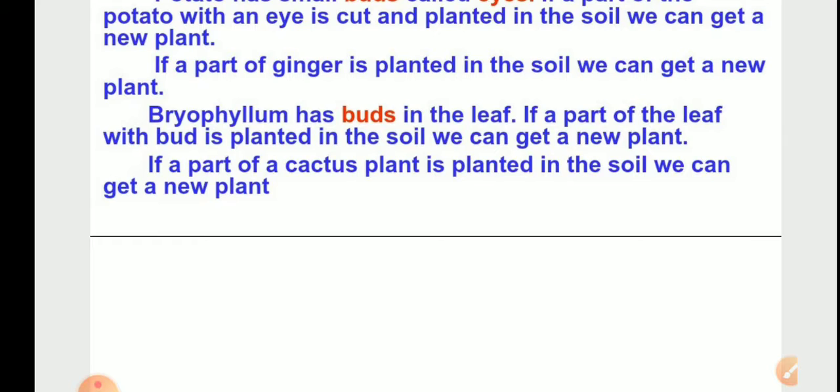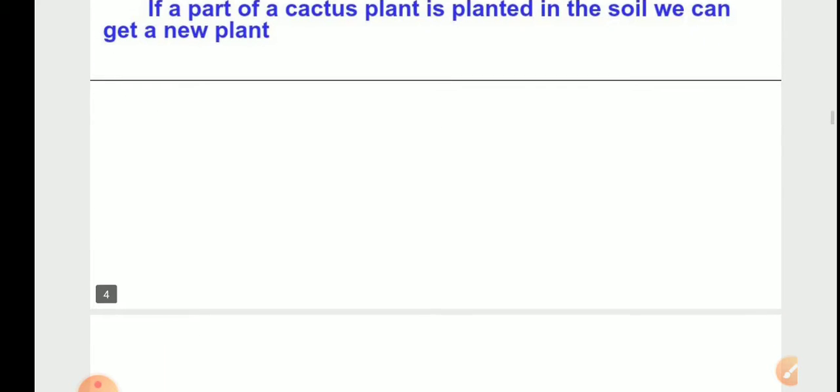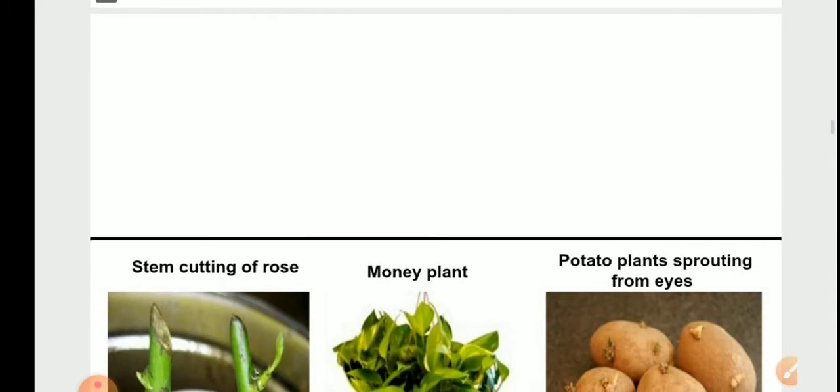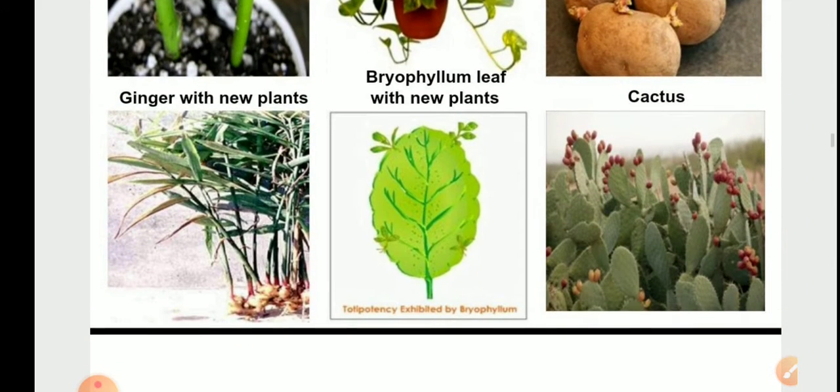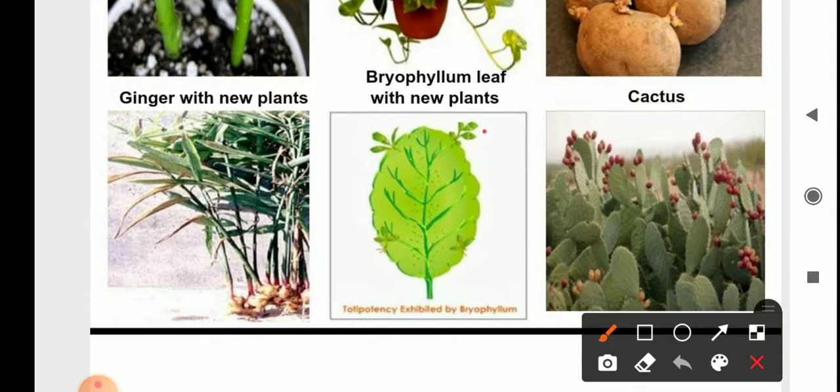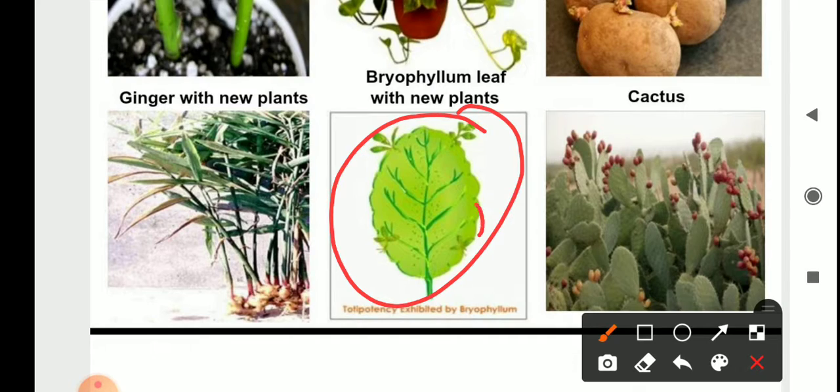See, this is the leaf of bryophyllum, and in these cuts there are some buds. When you plant this leaf in the soil, you can get a new plant of bryophyllum.